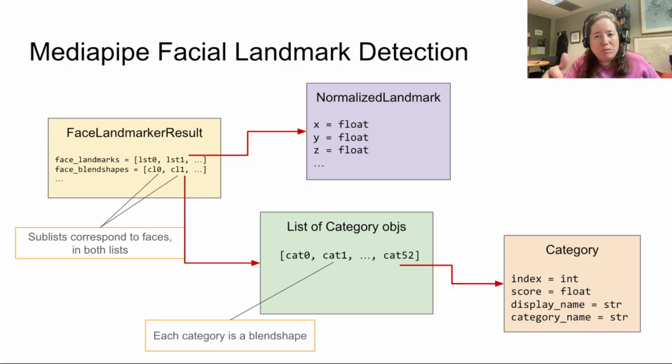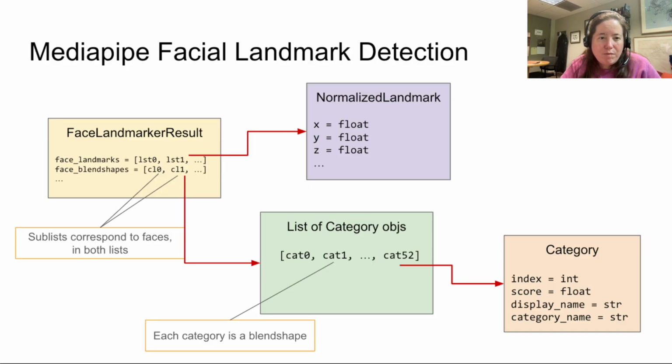So if you are detecting multiple faces, you'll find in the first list the landmarks, and in the second list you'll find the blend shapes. Does that make sense? Each position in the paired lists corresponds to a face that's been detected. So at position 0 in the face landmarks, you have the landmarks that go along with the blend shapes at position 0. They correspond to the same face.